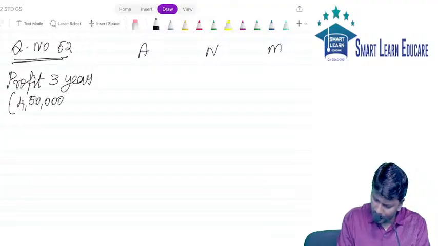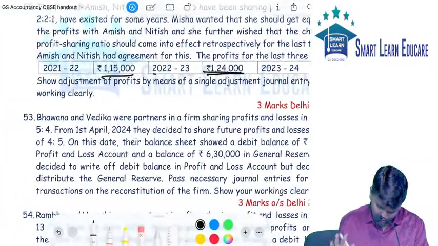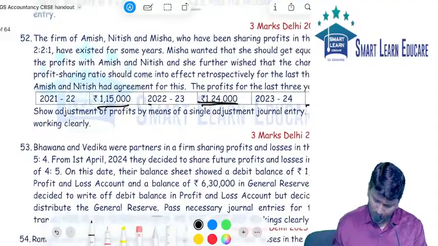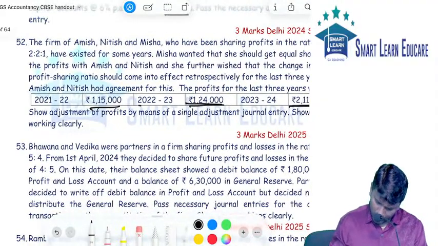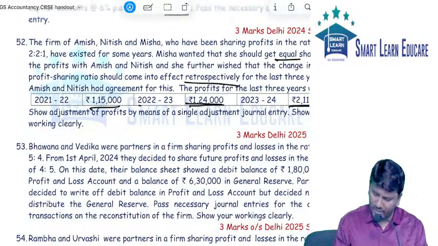4,50,000. This 4,50,000 profit, now they wanted to have in what ratio? They wanted to have equal ratio. Retrospective change they wanted to make.